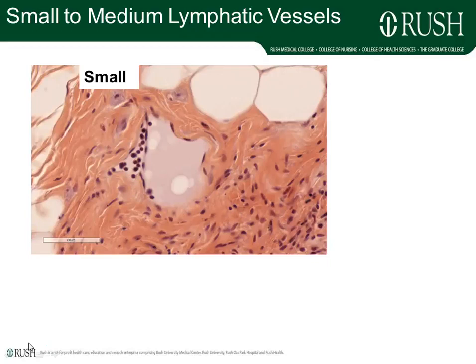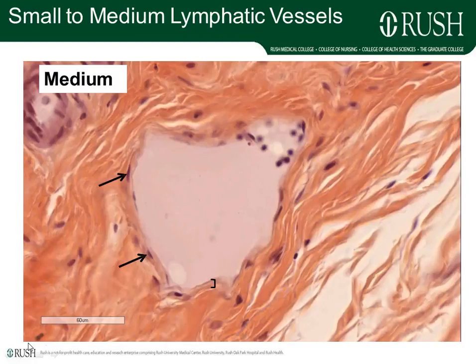Small to medium lymphatic vessels can be found in many locations, and they are often conduits for lymphocytes, as you can see in this example. Medium lymphatics begin to have more than just a simple endothelial wall, and you can often see a layer of smooth muscle, as in this example.